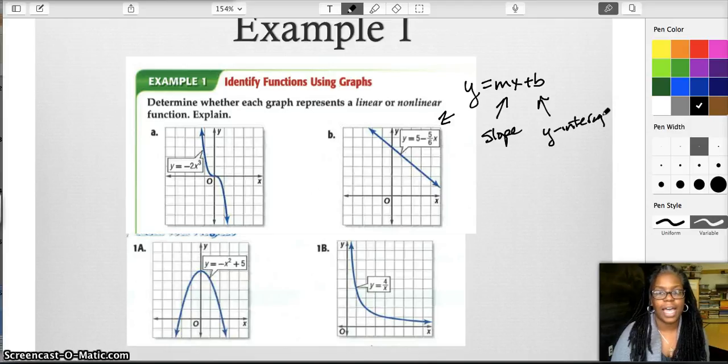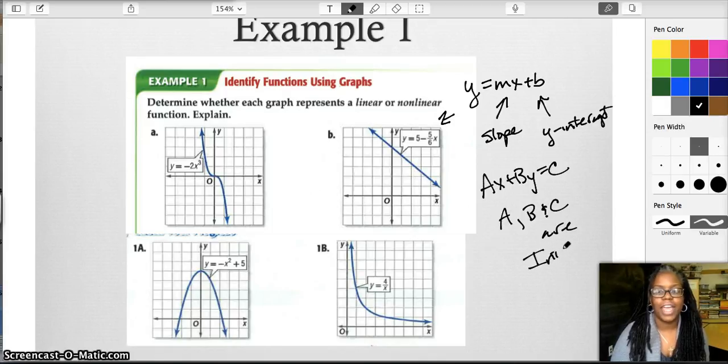Another form we can always write a linear equation in is ax plus by equals c, where a, b, and c are integers.